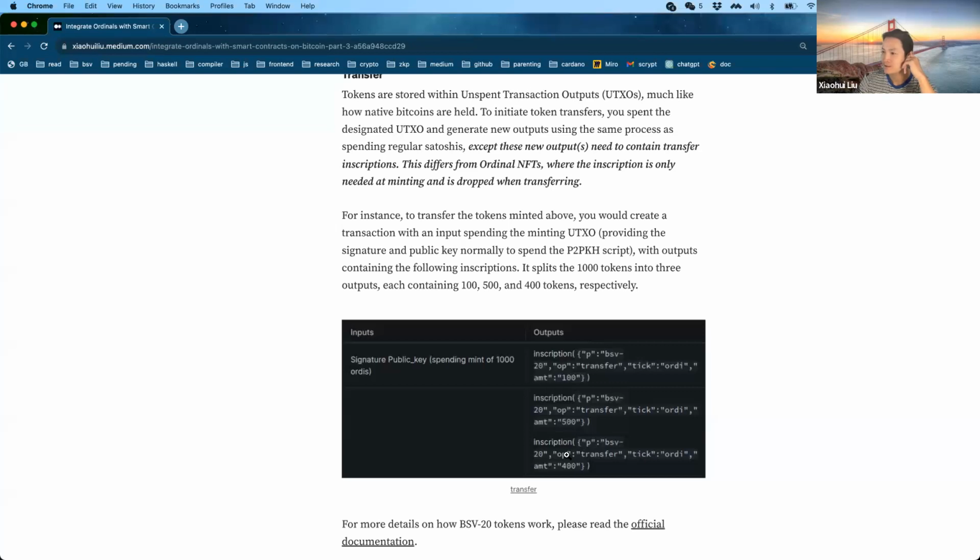So you sum them up, it's 1,000, right? So this one can go to anybody. And usually the last one is a change, but that's fine. It can be anybody. It's almost like Satoshis.